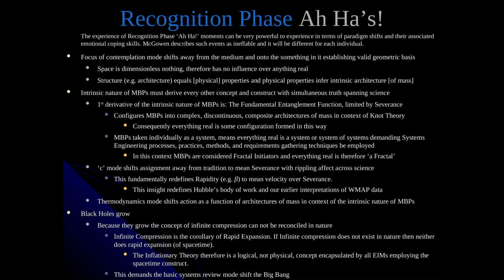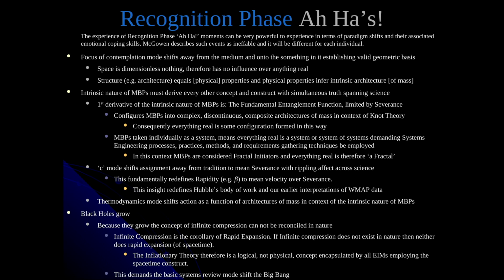When we assigned C, it got mode shifted away from tradition to mean severance, and that rippled throughout science. If you look at all the different places where the term C is used, and you start reading those equations from your traditional point of view, and you understand that C now means severance, you read those equations fundamentally differently than you did before.